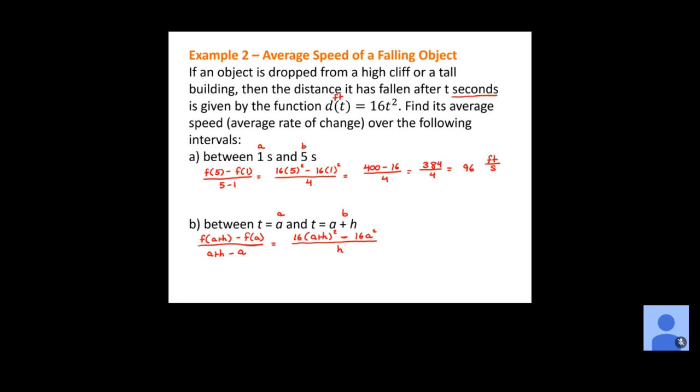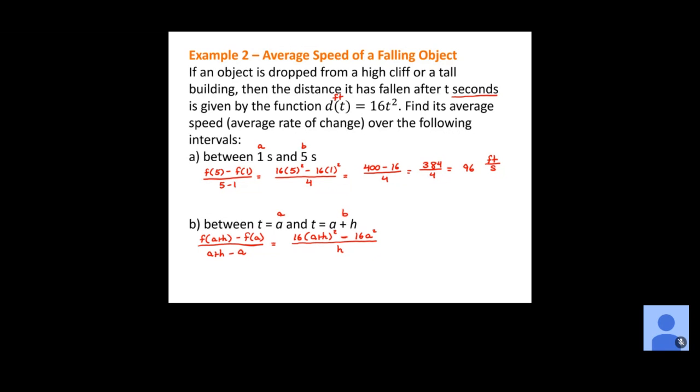Now we need to simplify the numerator. So what am I going to need to do first to simplify that numerator? Okay, before we can distribute the 16, what do we have to do first according to order of operations? We have to square it, right?